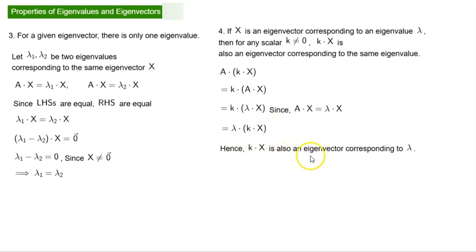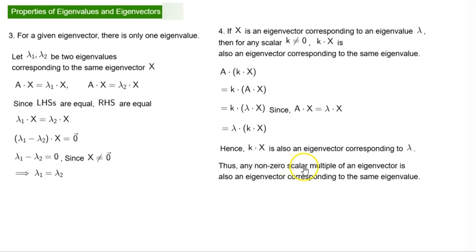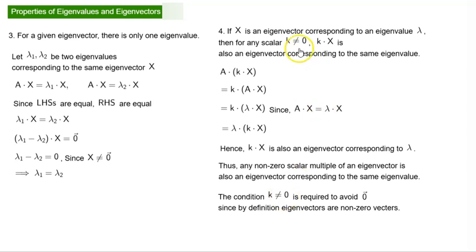Hence, k times x is also an eigenvector corresponding to lambda. Thus, any non-zero scalar multiple of an eigenvector is also an eigenvector corresponding to the same eigenvalue. The condition k not equal to 0 is required to avoid the zero vector, since by definition eigenvectors are non-zero vectors.